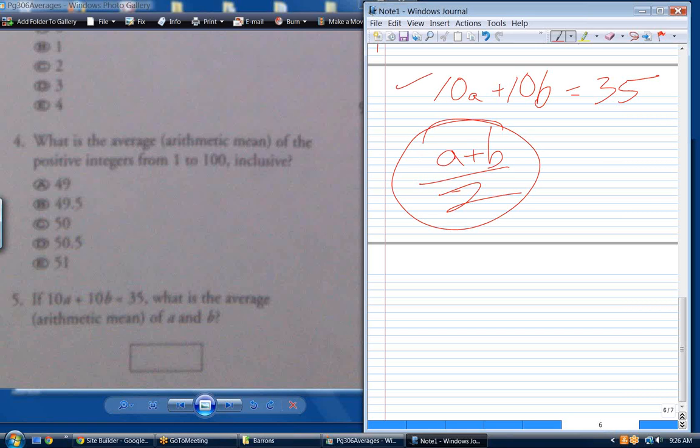Divide by 5? No. Close. Well, solve for A plus B. What's A plus B equal to? I don't understand. Okay.